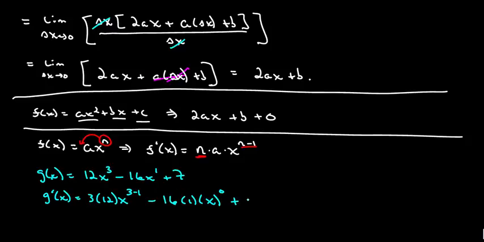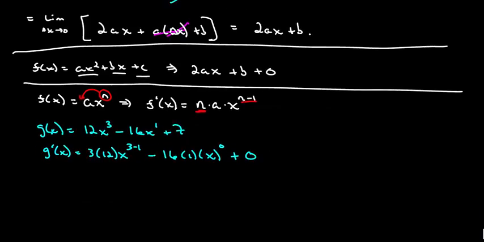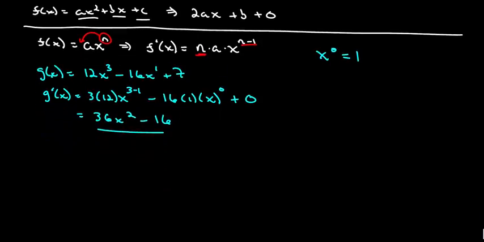We know the derivative of a constant is 0. So this would be equal to 36x squared minus 16, because x to the 0 is 1. So this guy is equal to 1, so minus 16. So this power rule is a lot more efficient, or a lot quicker, than doing out the derivative by hand each time. Okay.